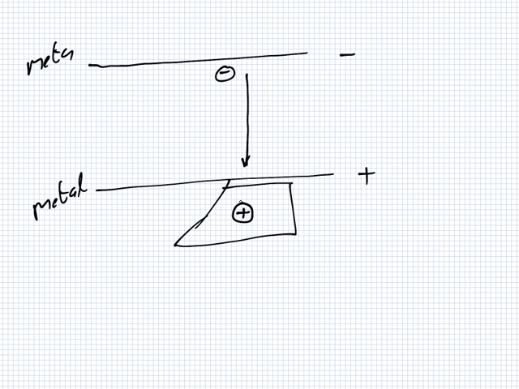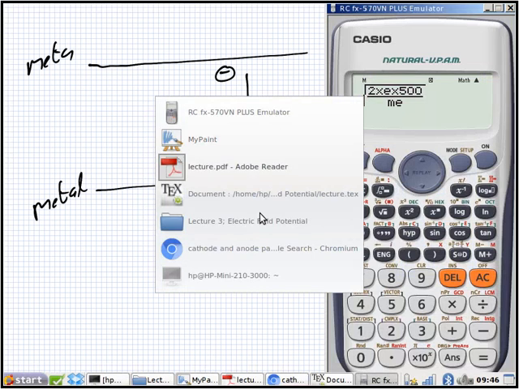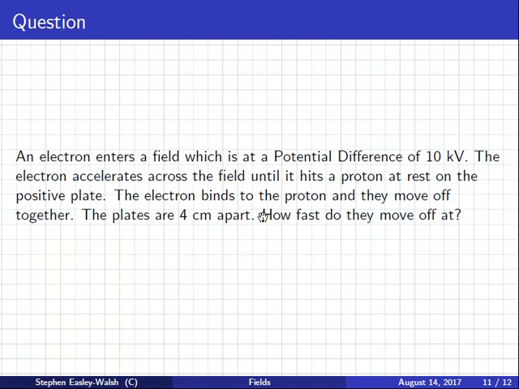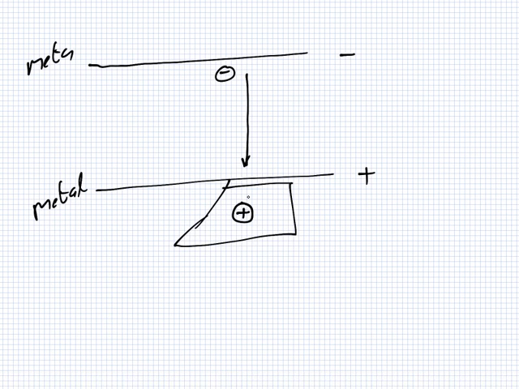I suppose maybe I shouldn't say one proton, because if it's a metal, what's the metal with the smallest number of protons? Lithium, yeah, it has 3 protons, doesn't it? Yeah, a lithium plate. So okay, maybe in real life the electron will hit a lithium atom which is made up of 3 protons. But just in my example, to make it a little bit easier, I just said the electron hits 1 proton.